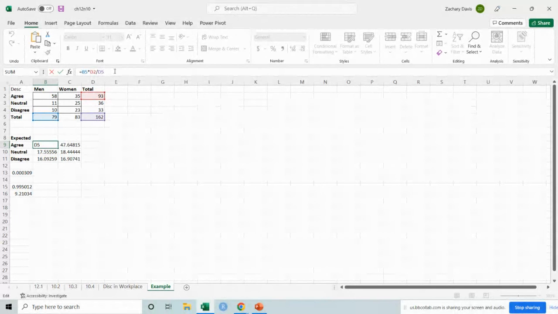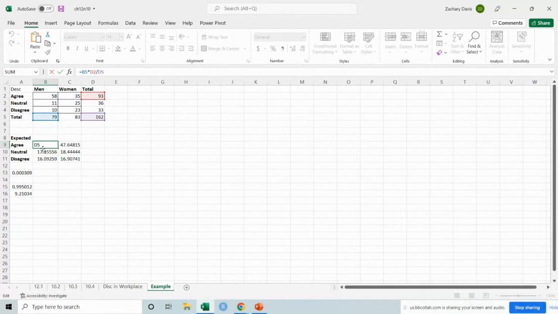So to get those values, to get for men that agree, we take the total of this row and this column, and we divide by the total. And then we'll get the expected proportion. So we expected 45 men to agree, but in our actual sample, we got 58. So the same thing for the neutral.